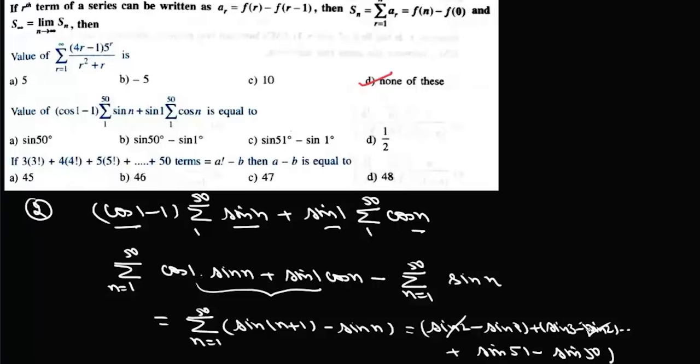Now these successive terms will cancel. So we'll get this result as sine 51 degrees minus sine 1 degrees, and that's your option C. So the answer to the second question is option C.